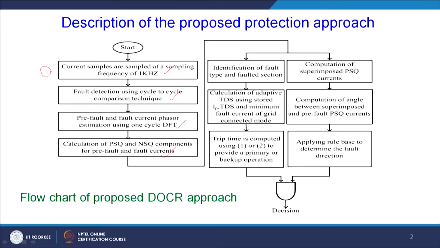After that, the positive and negative sequence components of pre-fault and fault currents are estimated, and after identifying the fault type, the faulted section is identified and the corresponding TDS and clock settings of the overcurrent relay are calculated. This wing is responsible for the overcurrent relay part, and this one is responsible for the directional relay part. If both outputs are 1, then the final output is going to be 1.